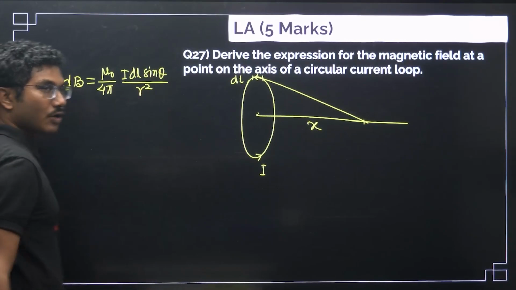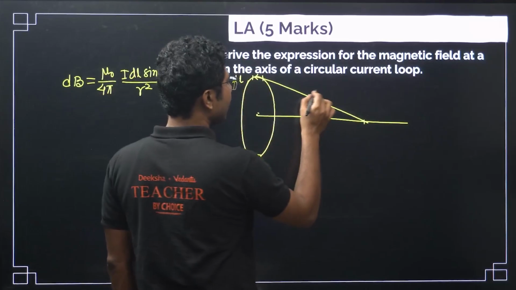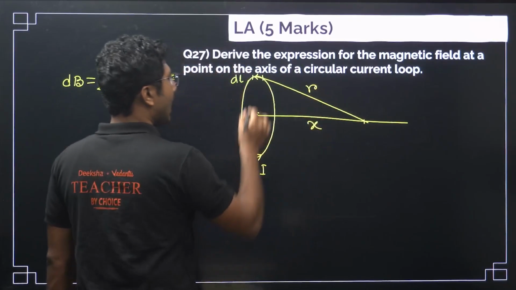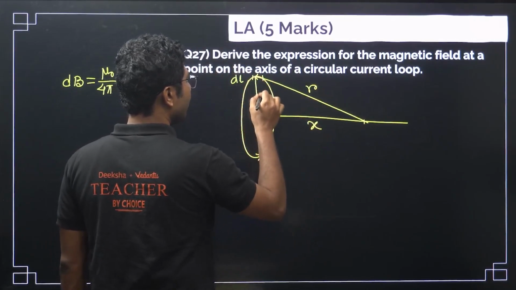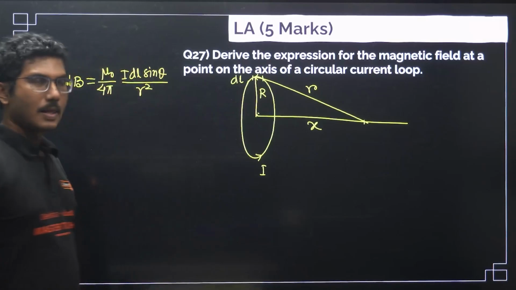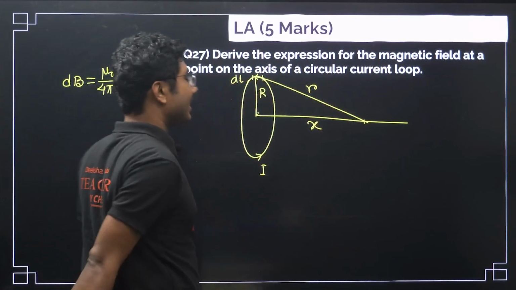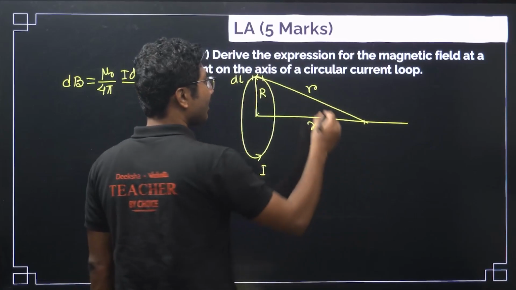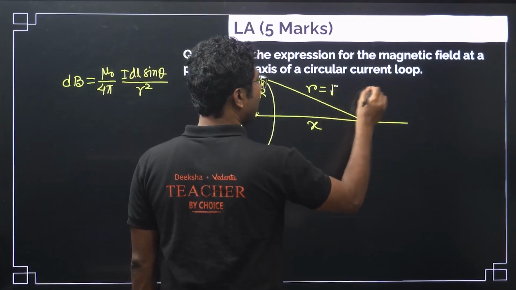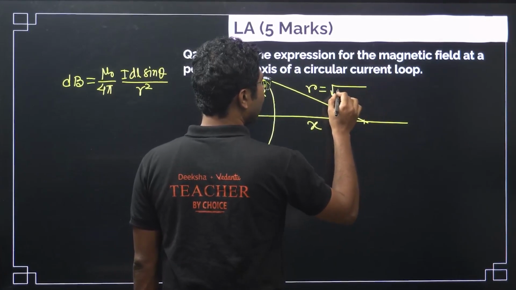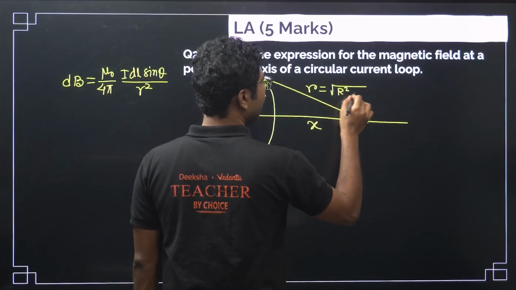Now, what is r over here? The r over here is this, and the radius of the loop is given by capital R. This is a right angle triangle, so you can apply the Pythagoras theorem to find this distance: R square plus x square.